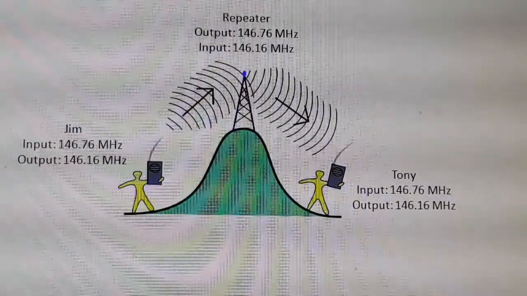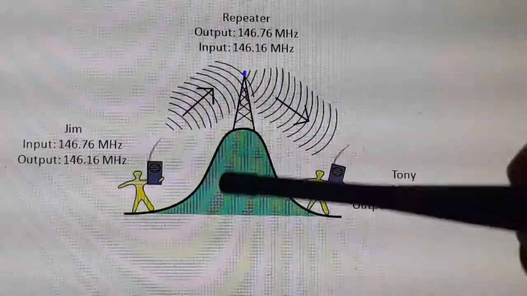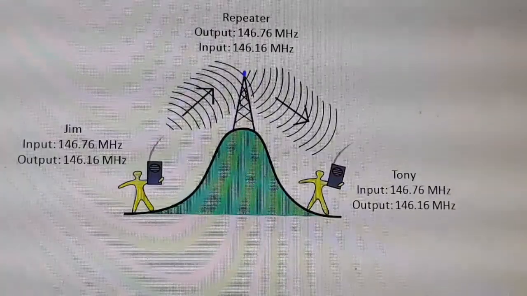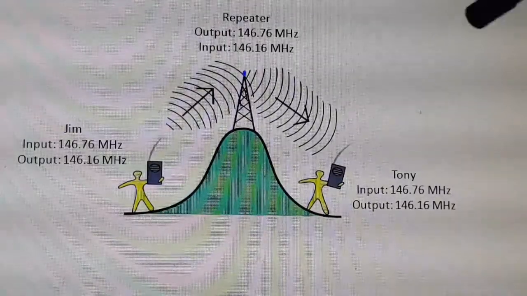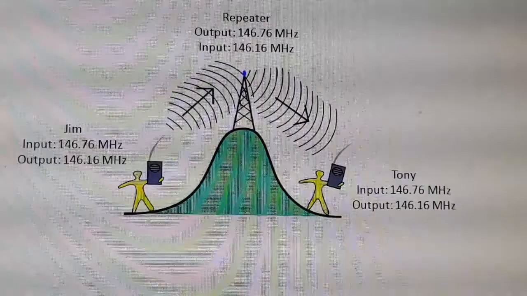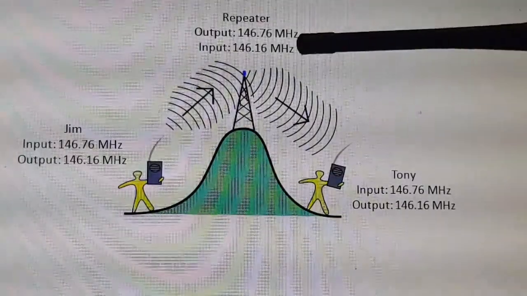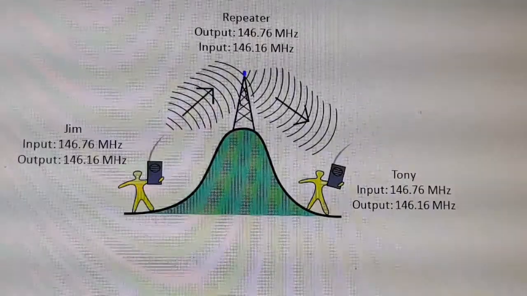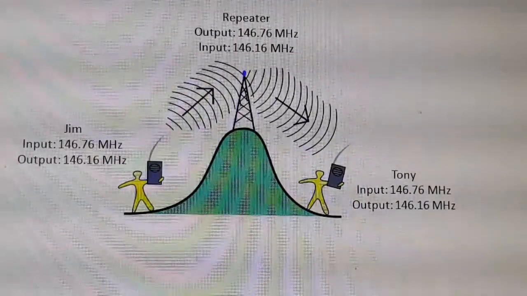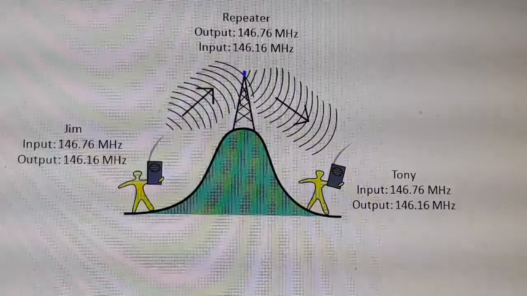The thing that you do need to remember about a repeater, though, is that it does need to be set with a transmit frequency and a receive frequency. So what this means is that when you key the mic, the frequency will actually change, because you can't transmit and receive on the same frequency, or a repeater can't. It just won't work.